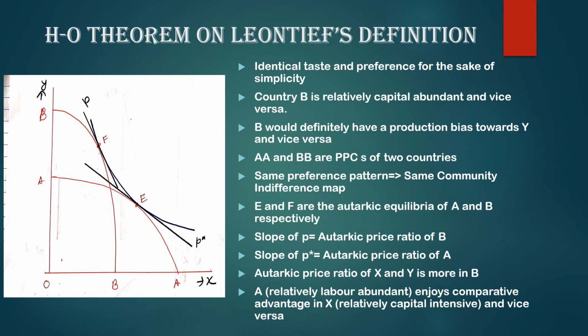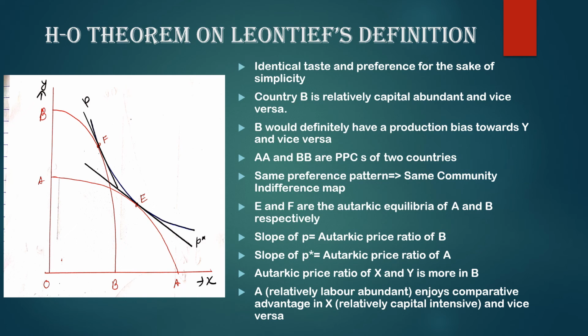So E is the autarkic equilibrium point of country A, and the autarkic price ratio of country A will be represented by the slope of P star.